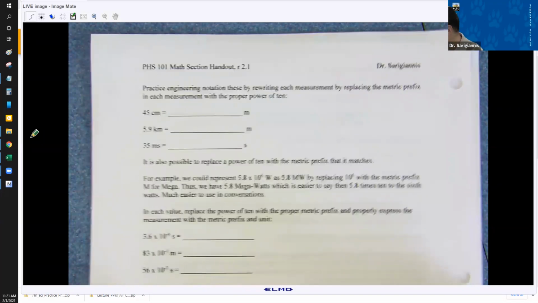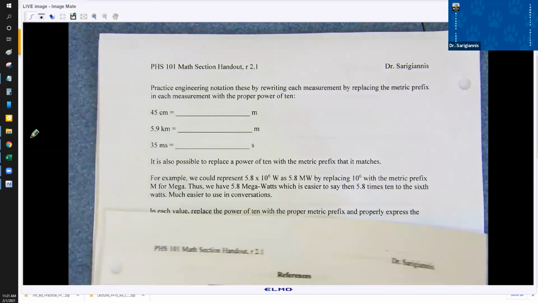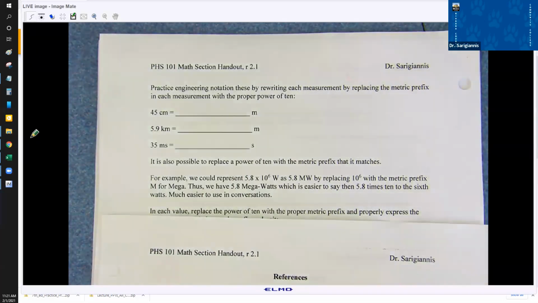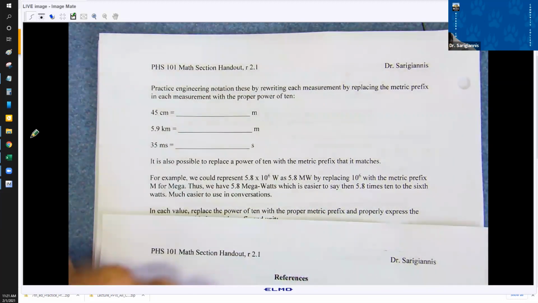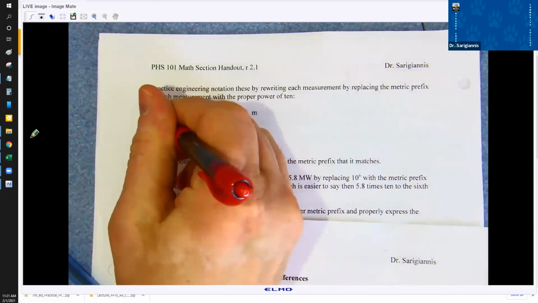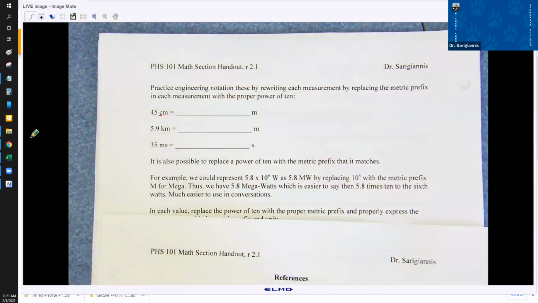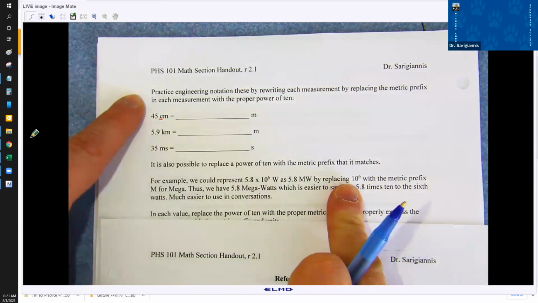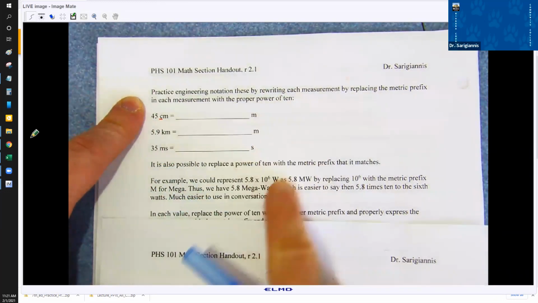So then we're going to do some engineering unit practice here. Centimeters we already have, but let's just write these out. The first thing is we're going to look at these and say, all right, this is my prefix, centimeters. Notice here it says just practice by replacing the metric prefix with the proper power of 10.